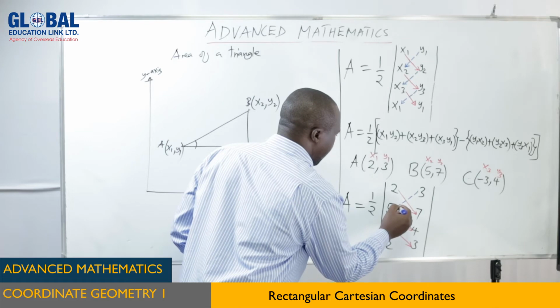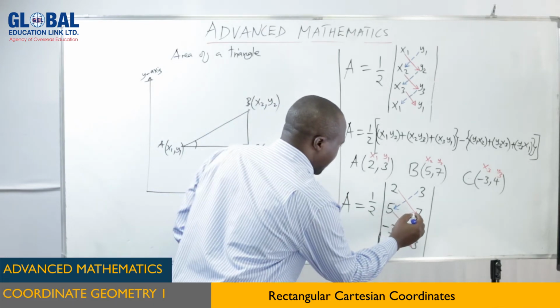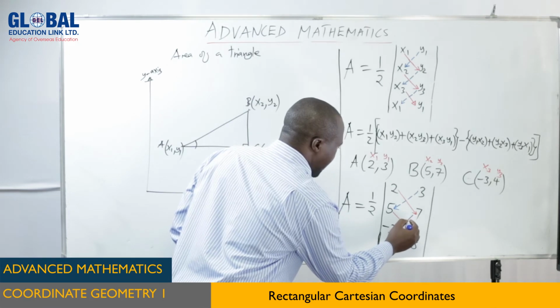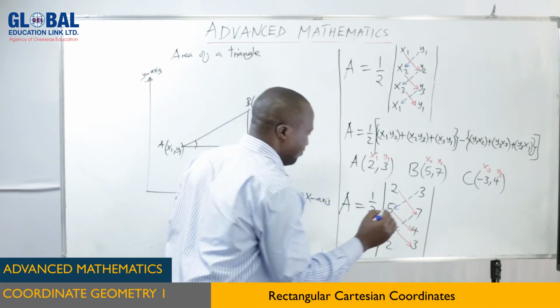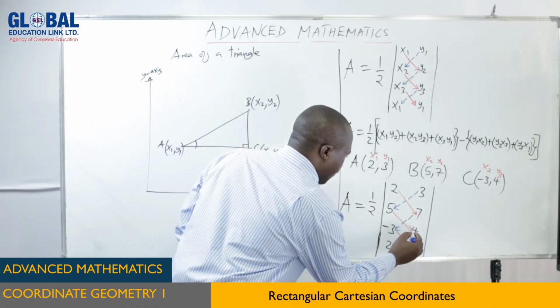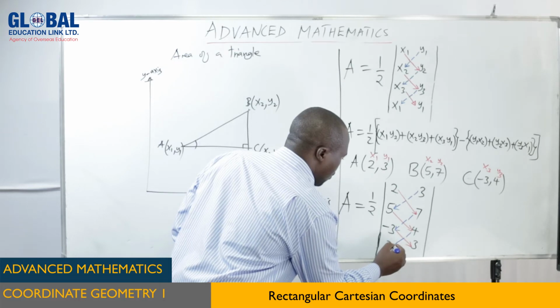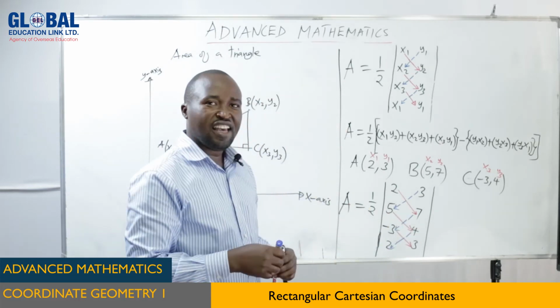That is 3 and 5. Followed by, we have 7 and negative 3. The last one is 4 and 2. That is 4 and 2.